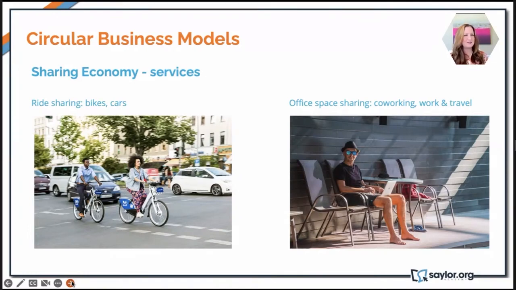So it's thinking differently. Also, with this whole remote work, now we have remote work and travel. So here's a photo of a guy. Looks like he's in some really chill place, beach vibe going on there with his laptop. And entrepreneurs are creating spaces for people who remote work.